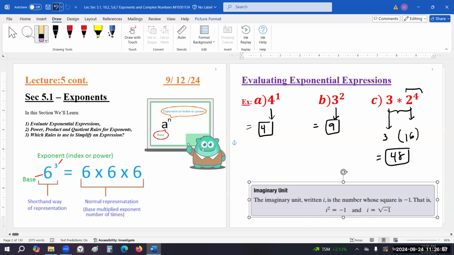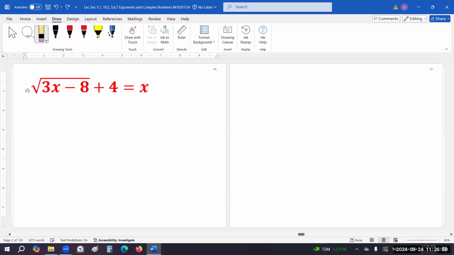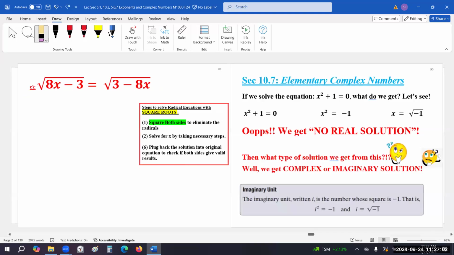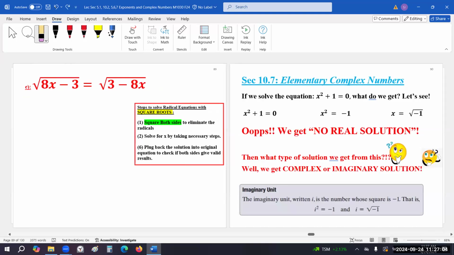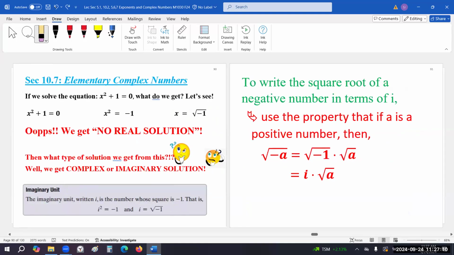So 10.7 talks about complex numbers, meaning imaginary numbers. So when do we get complex numbers? When we have no real number that will satisfy the condition given to us. For example, if we have the equation x squared plus 1 equals 0, we subtract 1 from both sides, and then we get x squared equals negative 1.